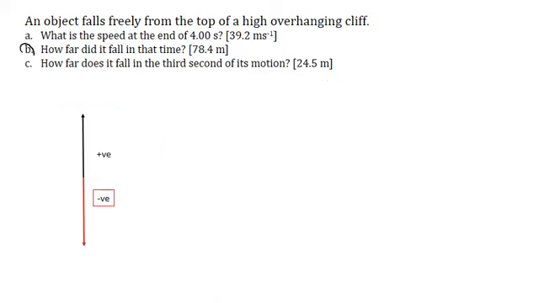Now let us have a look at part B. Now in part B, we are looking for how far did it fall during that time. So how far refers to distance or displacement. Now if you look at the three equations for kinematics, s is displacement, not distance. But the thing is, your object is falling down.